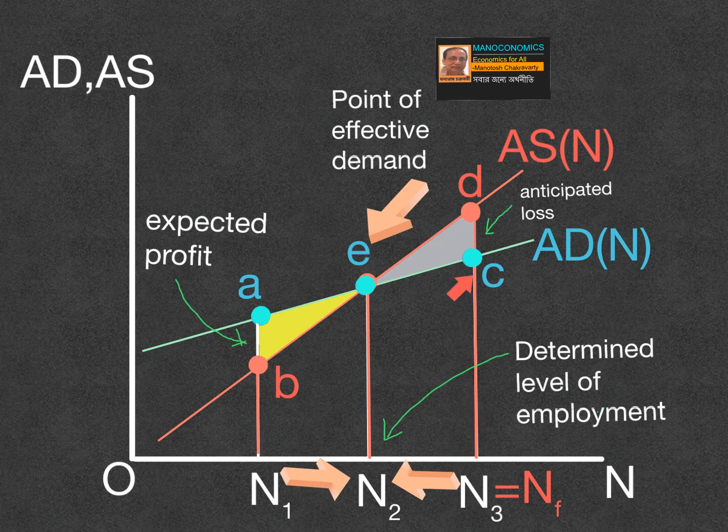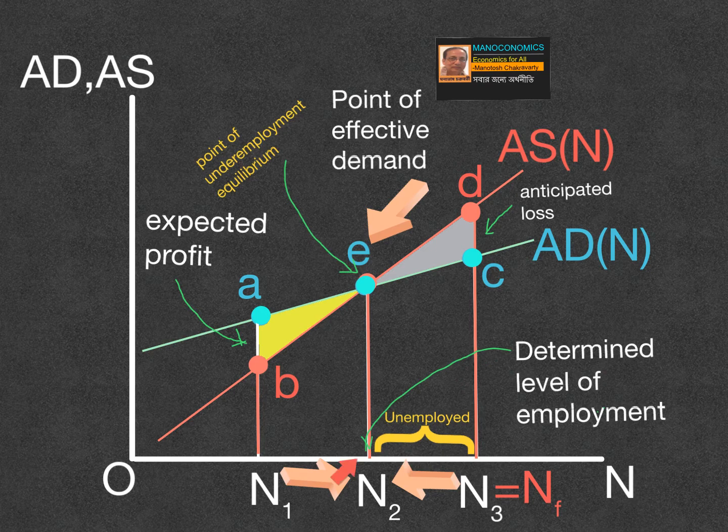That is, the expected returns from this level of employment are less than the minimum cost necessary to sustain this level of employment. So, the entrepreneurs will stop their employment level at ON2. There will be some people remaining unemployed, and those unemployed people are N2N3.